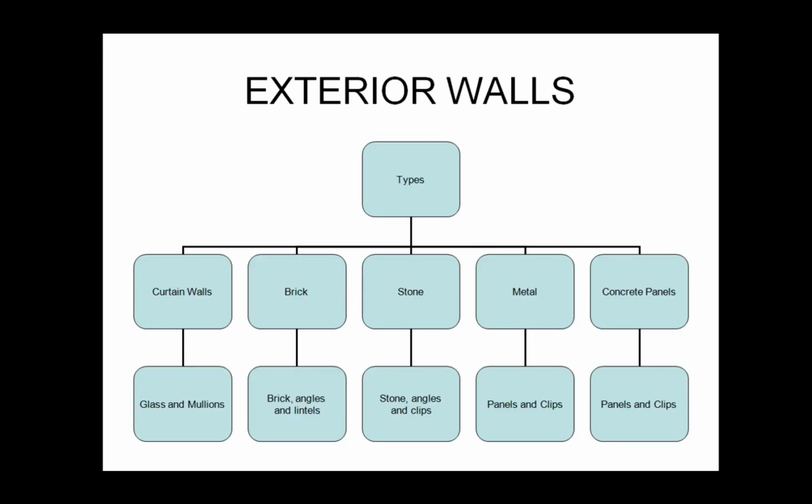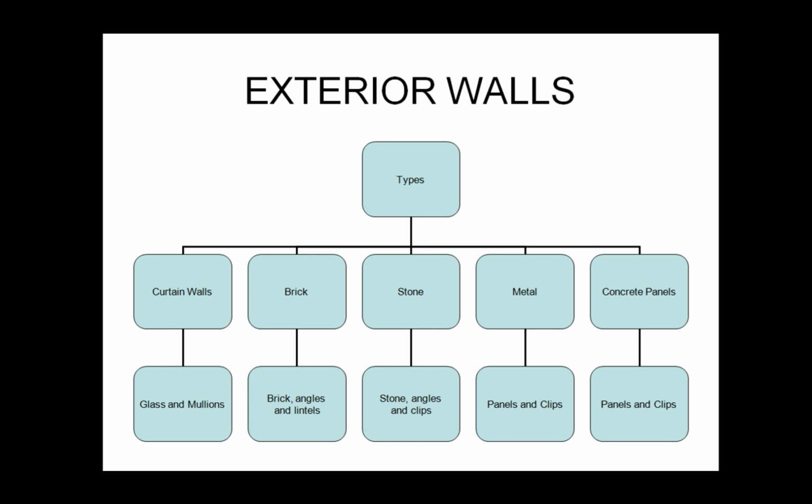Right, so curtain wall construction, which is pretty common in New York City, as we saw in the first class, has been pretty common since the 50s and 60s. Brick has been around far longer than that, one of the first major exterior wall materials.